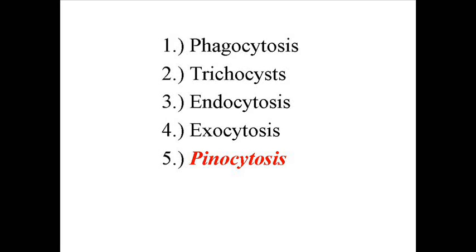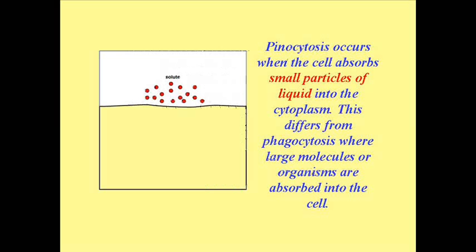And then a third strategy is known as pinocytosis. This is basically when the cell alters its cell membrane, usually just altering those lipids, as we'll talk about in a later section of notes. Basically, small particles of fluid are absorbed into the cell.